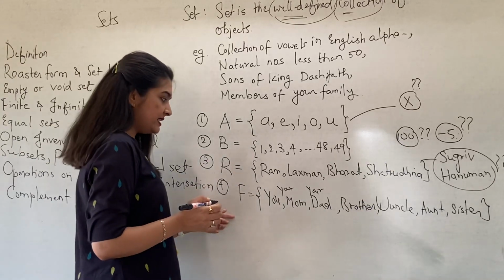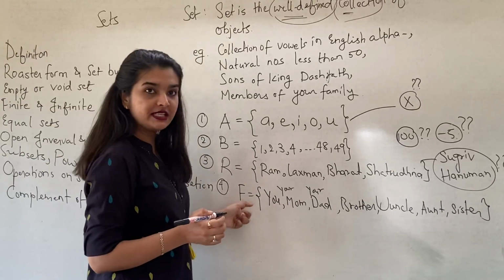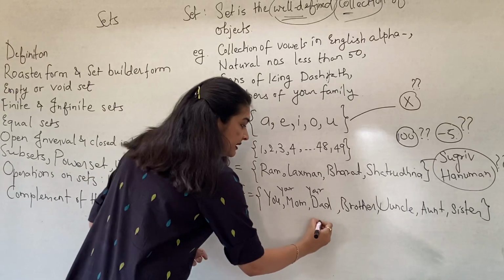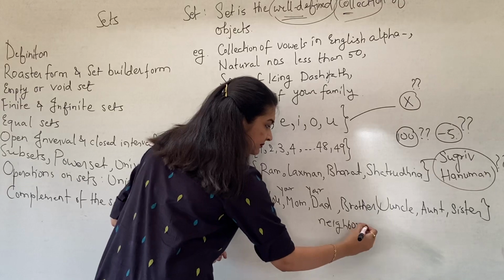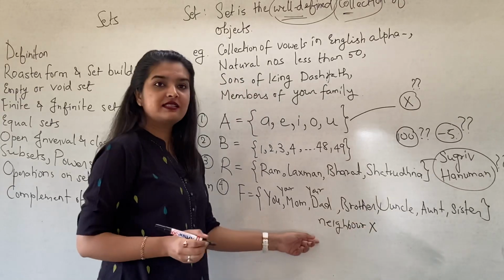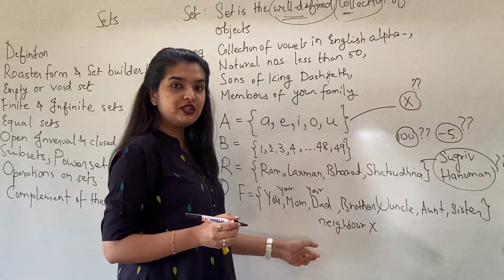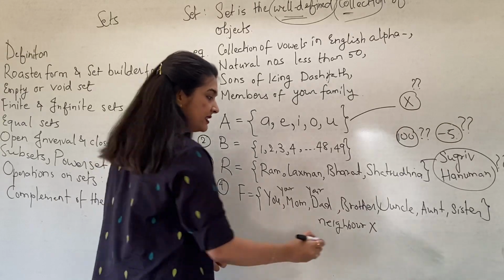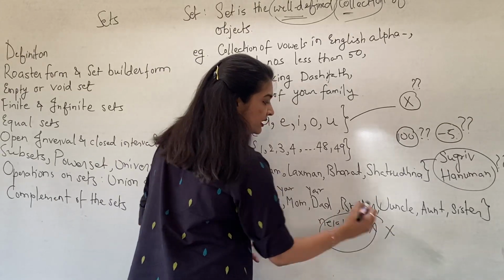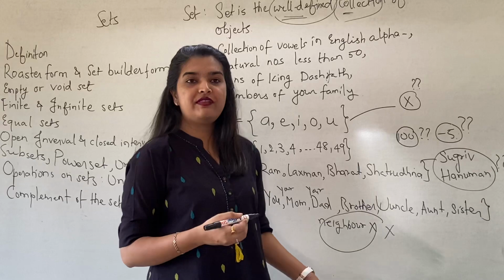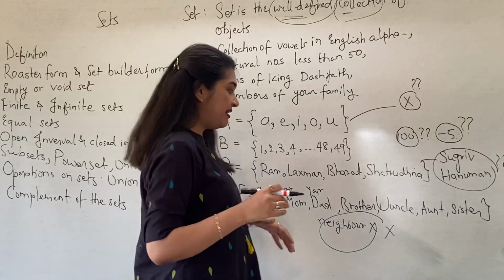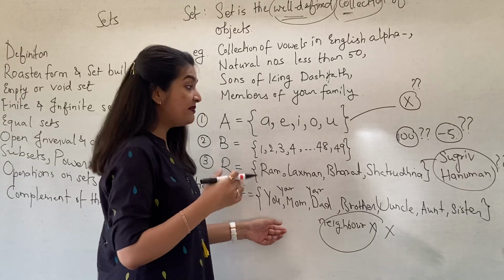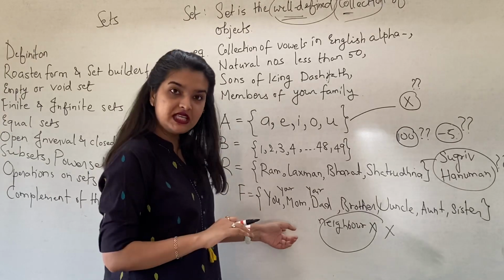And the last one is, that is the family set. If I ask, the neighbor X is part of your family set? No, because neighbor is not a part of your family. If I ask, am I the member of your family?